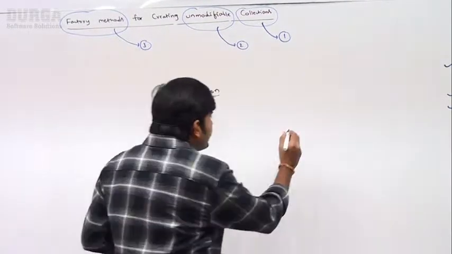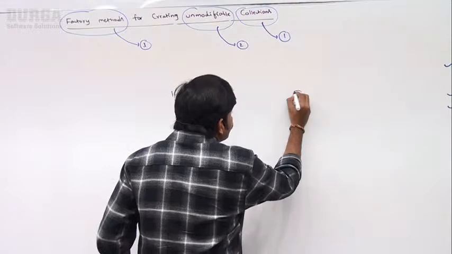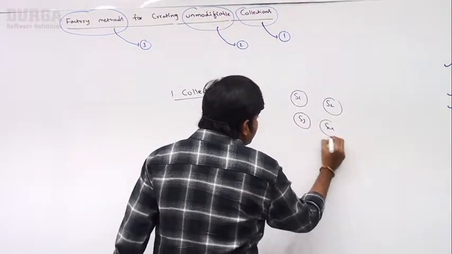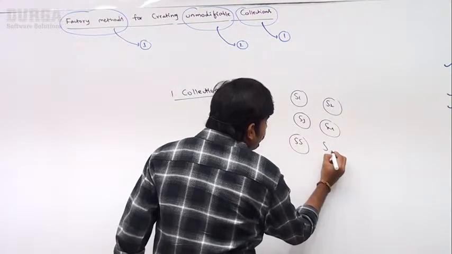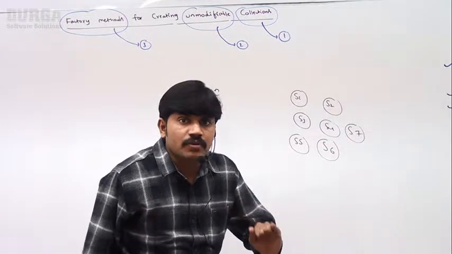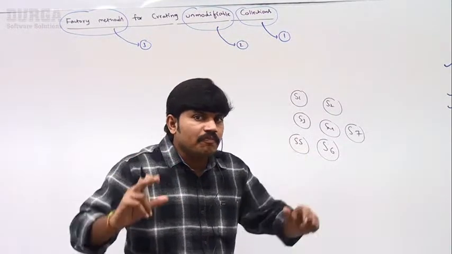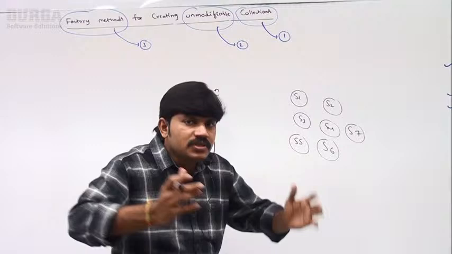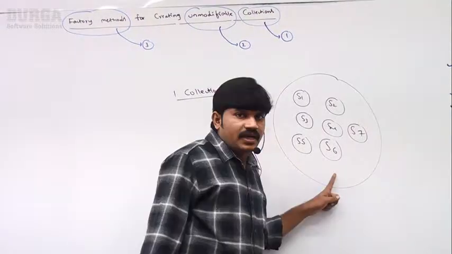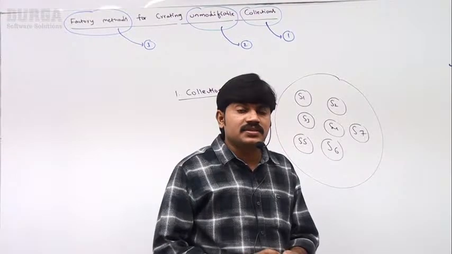Just observe. I have student object 1, student object 2, student object 3, student object 4, student object 5, student object 6, student object 7. I have 7 student objects. I want to represent these 7 student objects as a single entity.